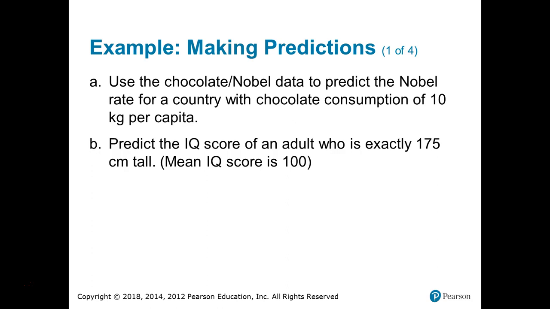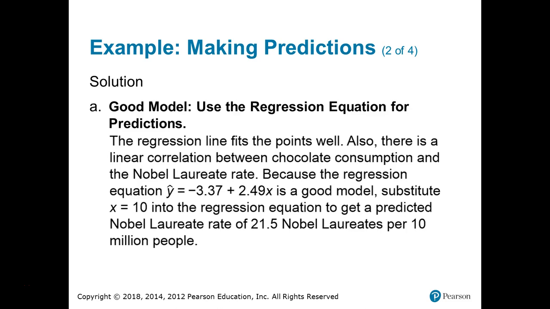If a country consumes 10 kilograms per capita of chocolate, using that equation, how many Nobel Prizes do I expect that country to have? And B: predict the IQ score of an adult who is exactly 175 centimeters tall, given that the mean IQ score is 100.